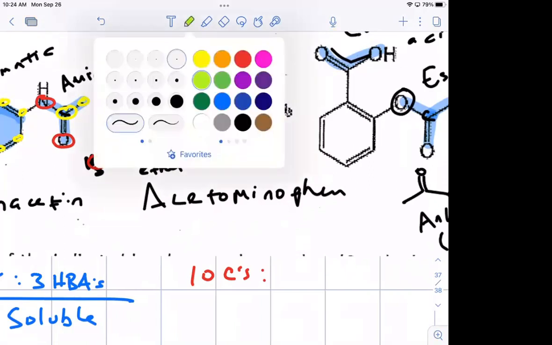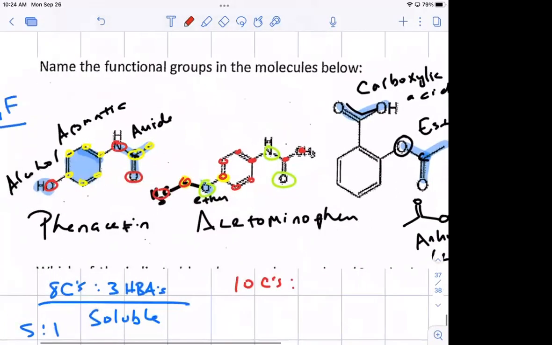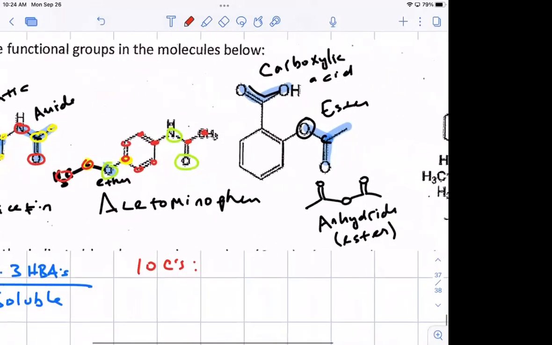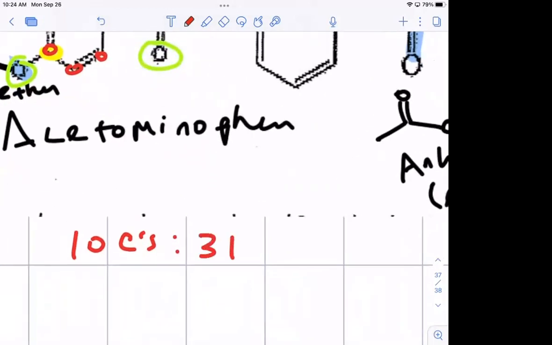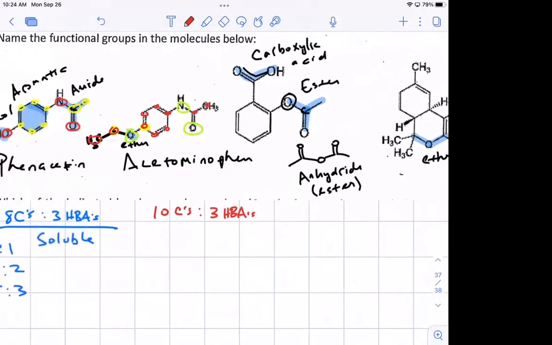Everybody okay with that abbreviation? HBA. Yes or no? Soluble or insoluble? Soluble. It is soluble.